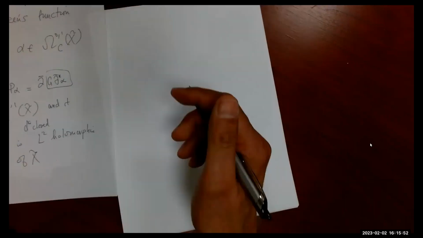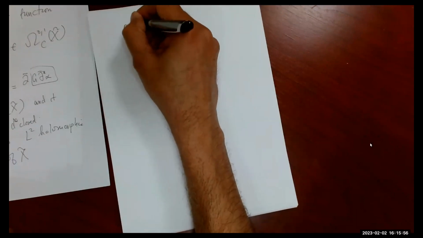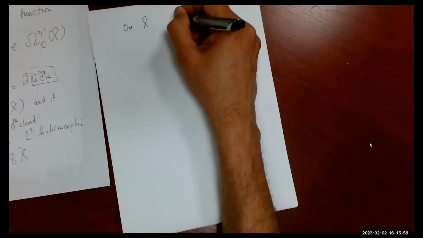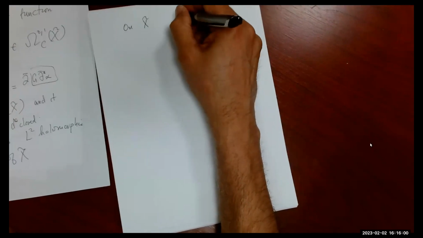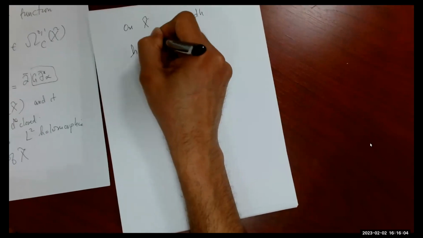Now we use an idea of Gromov's. So first of all, on X twiddle, since beta is closed, beta is DH, where H from X twiddle to C is a holomorphic function.